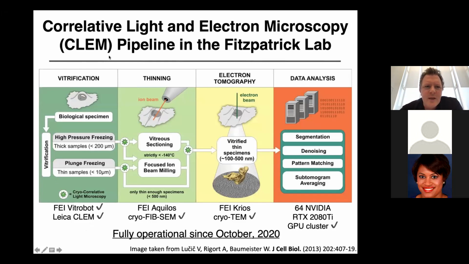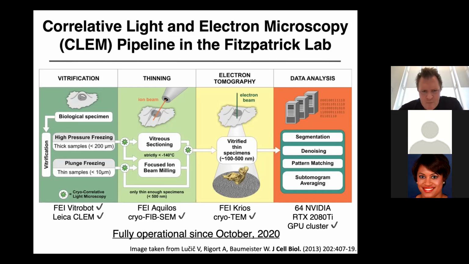My lab has been able to put together most of the hardware that you need to do this. Firstly, you have to vitrify the sample, which for cells can be more involved because they're much bigger than protein complexes. They may require certain tricks in order to freeze them properly. The other thing is that an electron beam can only pass through about 0.3 micron of soft material.